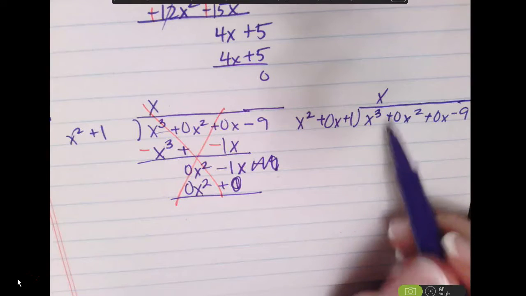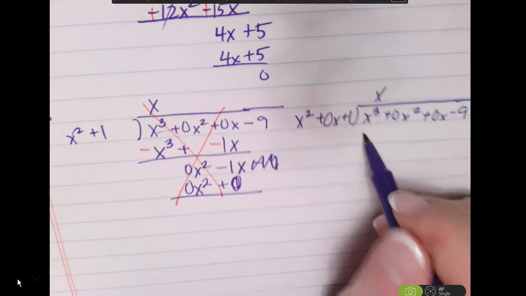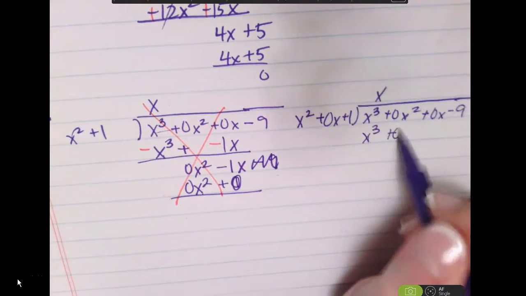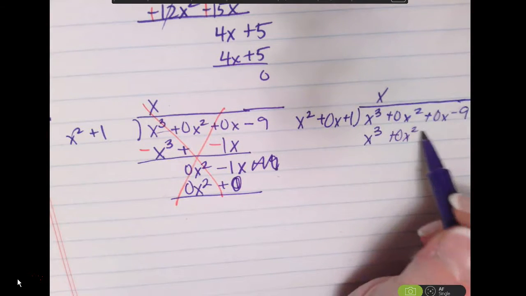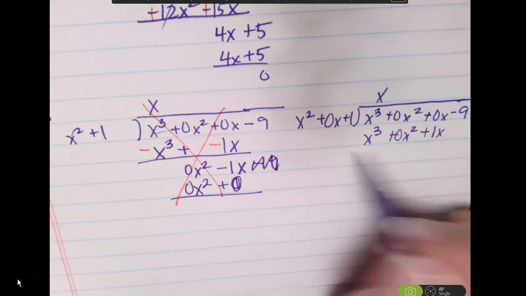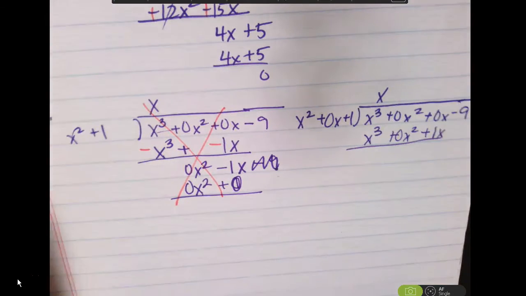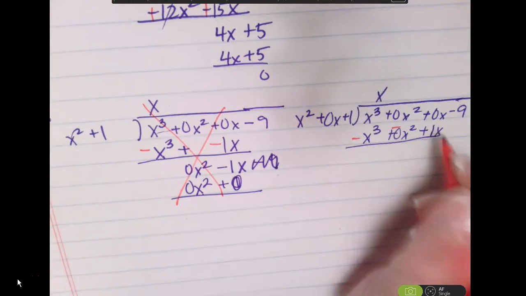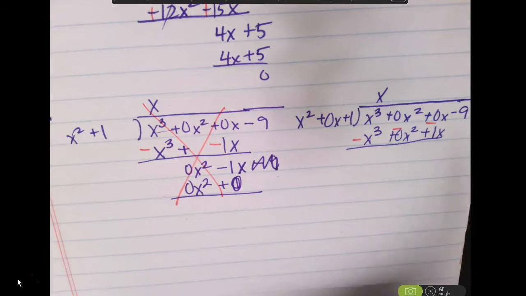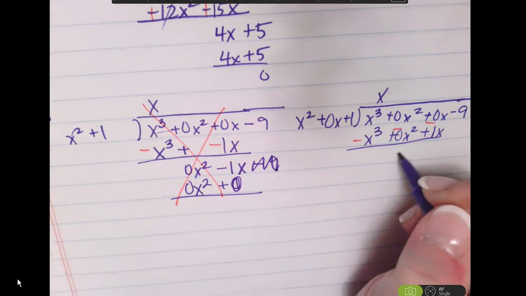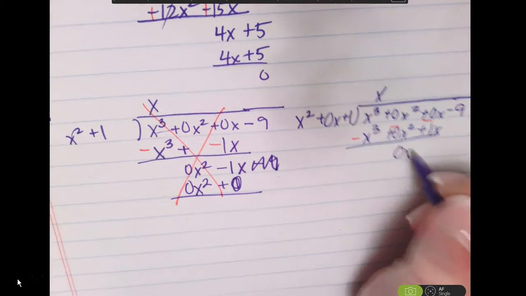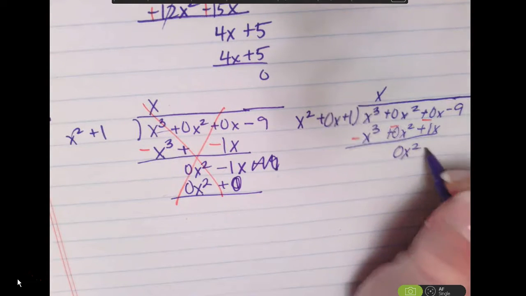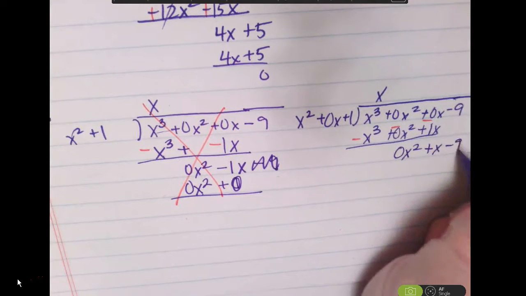X times x squared is x cubed plus 0x squared plus x. And if I subtract everything, then I end up with 0x squared plus x minus 9.